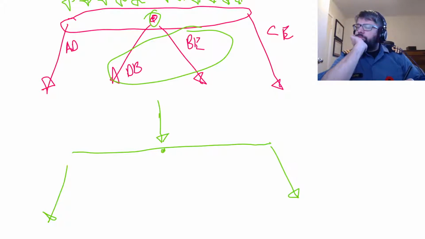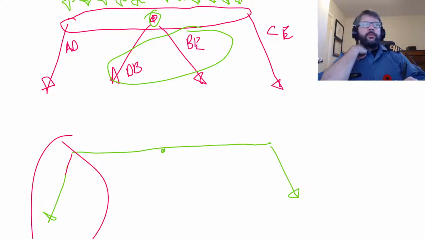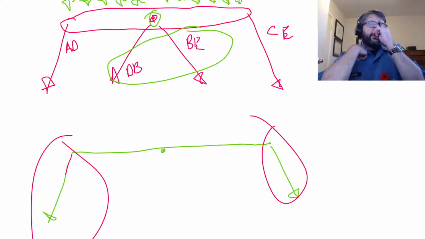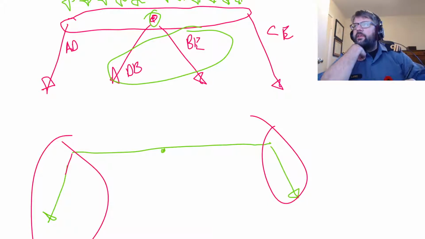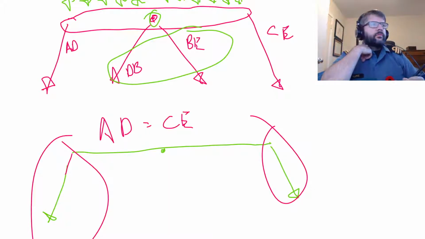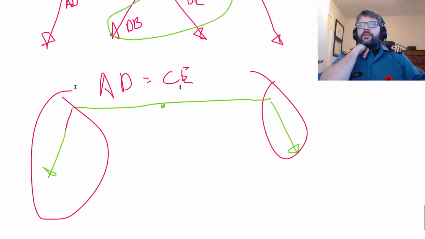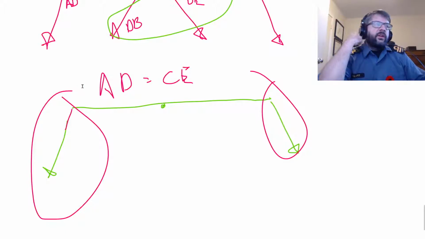Then, taking a moment about that pin, the only way for this thing to not rotate is if these two forces are the same, as long as they're the same distance out from the pin, which they are in this case. So AD needs to be equal to CE. You would have gotten points if you had gotten to that for full marks.